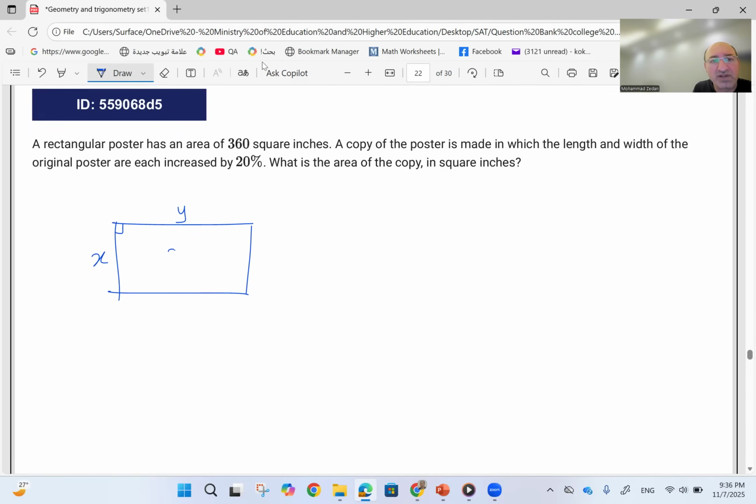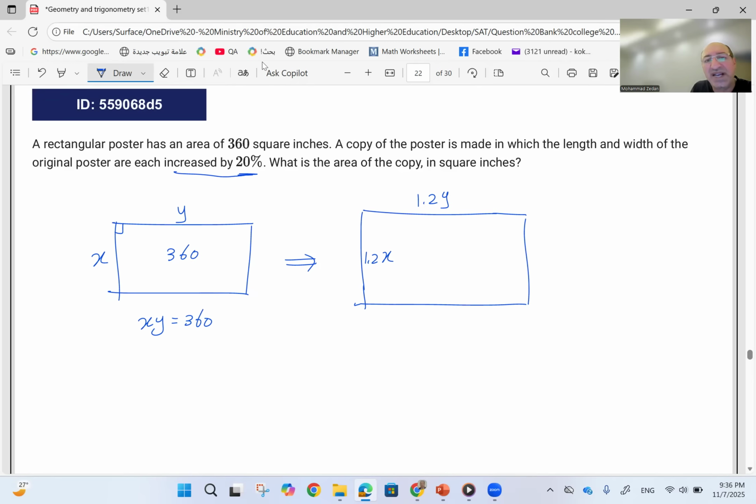The area, the product of them, is 360: xy equals 360. If the rectangle is enlarged by 20%, y will be 1.2y and x will be 1.2x. You add the 20% to the original 100%, which gives 120%, meaning 1.2 of the original side.